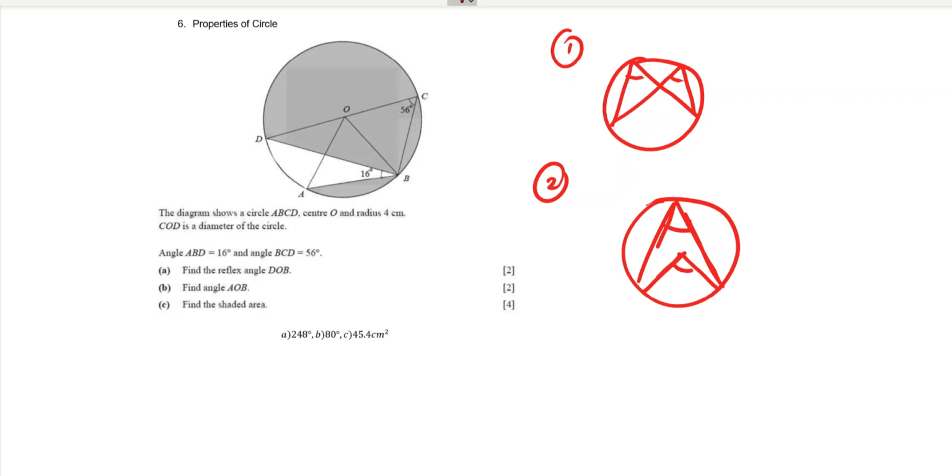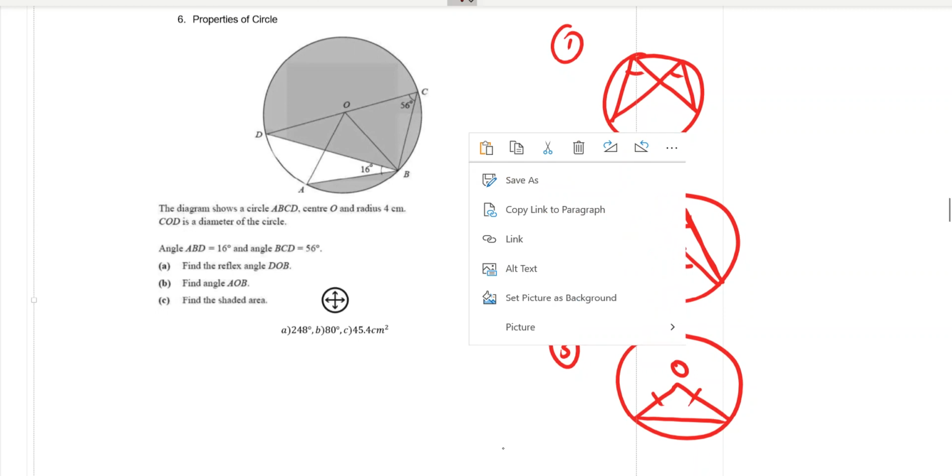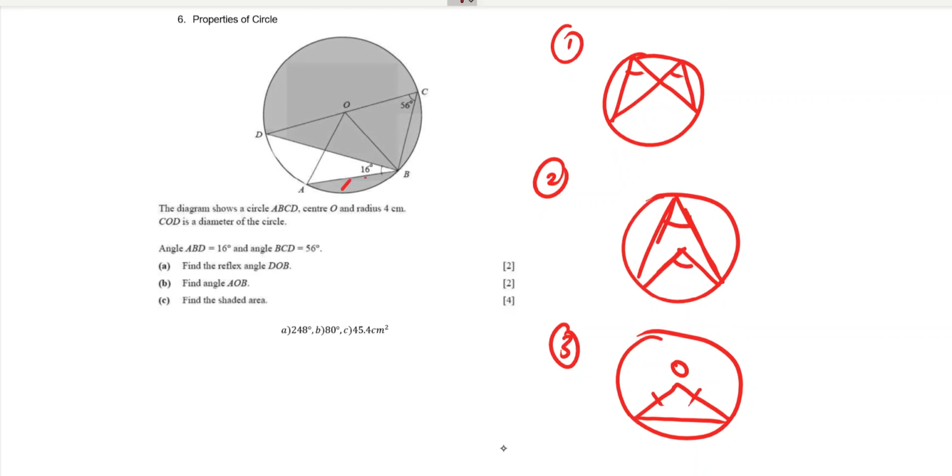But in this case this is not the most important. The most important in this one is that the radius of any circle will form an isosceles triangle. That's probably what they want to test you on. And since it's incorporated with radian measure, remember how to find this part, which is called a segment.